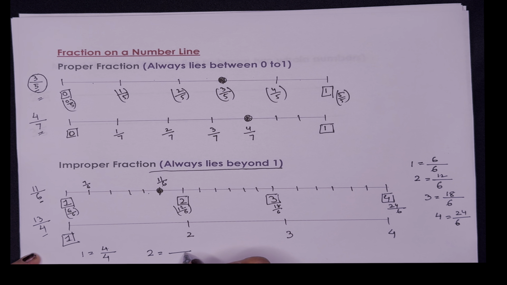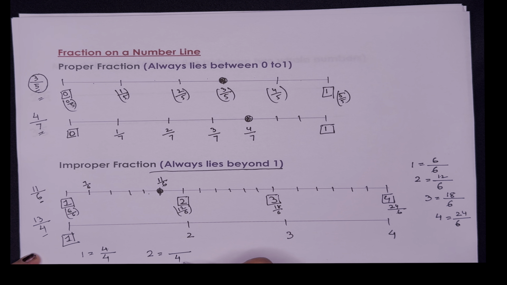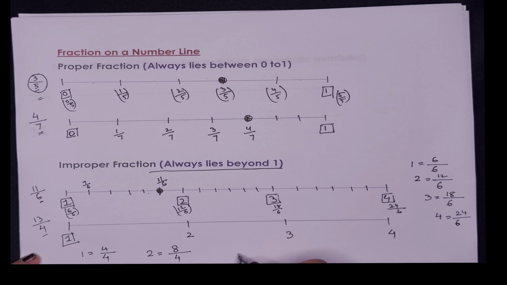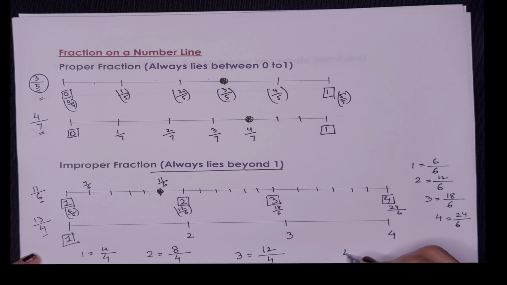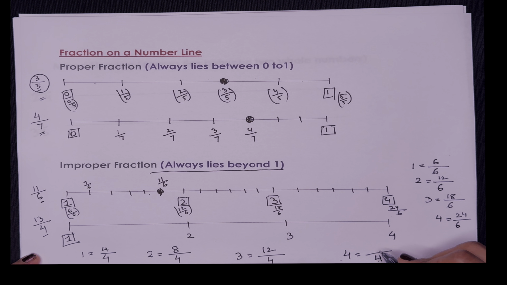For whole number 2, the numerator will be 4 into 2, which is 8. If the whole number is 3, the numerator will be 4 into 3, 12. If the whole number is 4, it will be 4 into 4, which is 16.